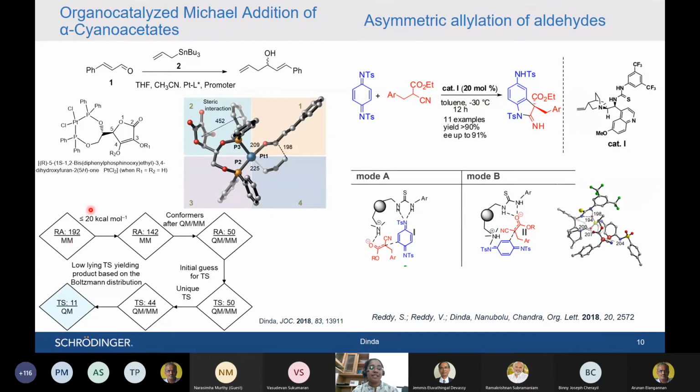So initially with molecular mechanics we scanned the conformers, and then in a systematic way from MM2 we did a QM/MM transition state, and then we used an energy cutoff of around 20 kilojoules, and then we took the final few structures, around 10 to 15, for the QM calculation. And then with that full QM calculation, using Boltzmann statistics, we calculated the enantiomeric excess, and with all the 5 catalysts, we got excellent experiment and theory alignment.